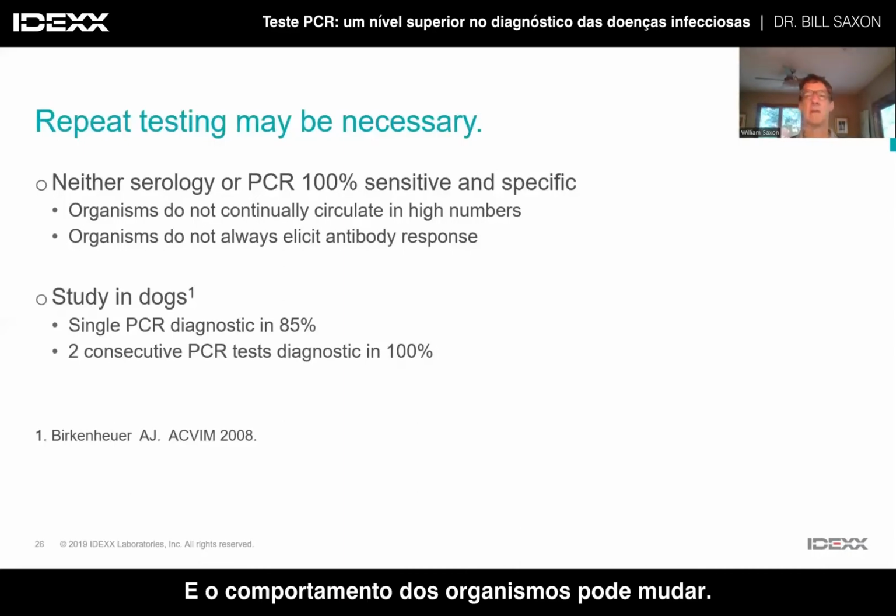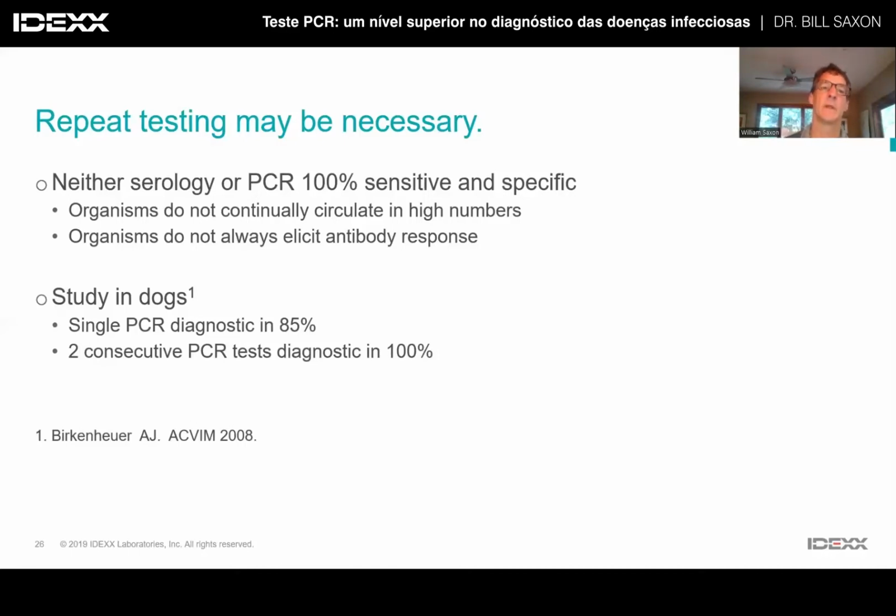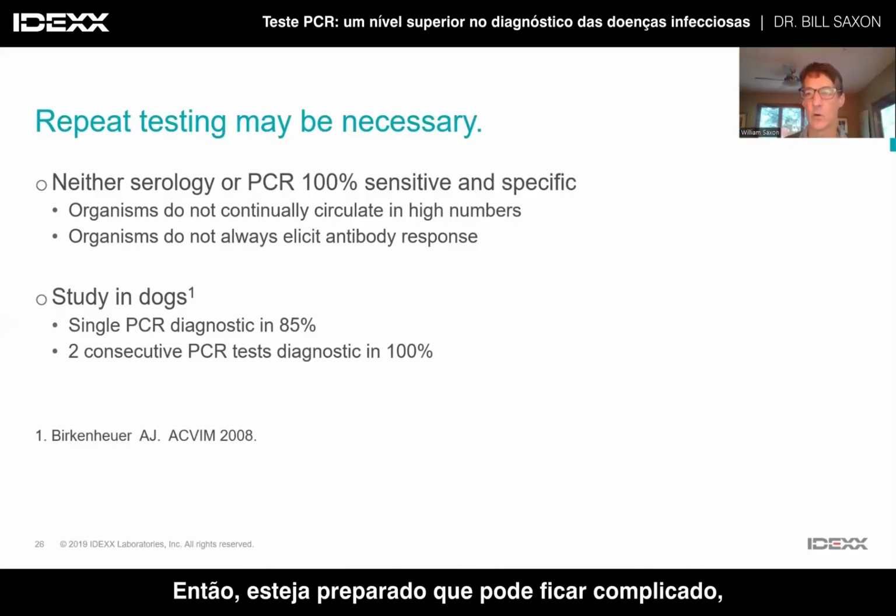And the behavior of the organisms can change. Sometimes they're circulating, sometimes they're not. Some organisms are better at eliciting an antibody response than others. So there are times when, in one particular study, a single PCR, for example, was diagnostic in 80% of the cases. If 2 consecutive PCRs were run, then 100% of diagnoses were made. So just be prepared that it can get complicated, especially with vector-borne diseases, right?